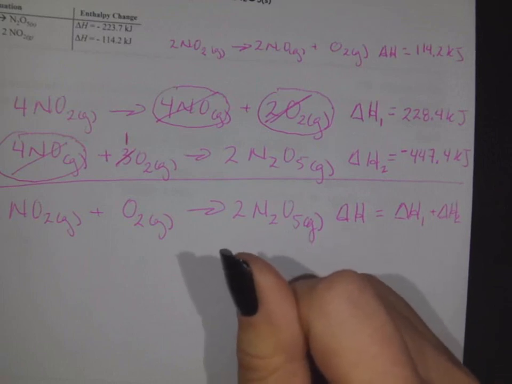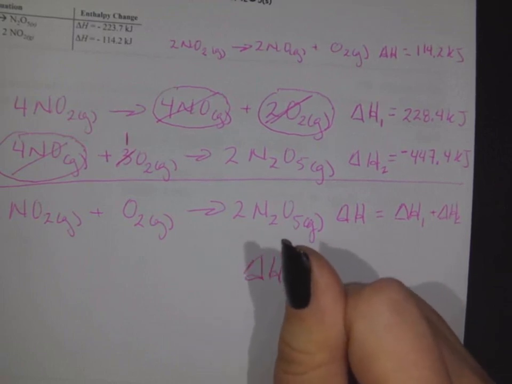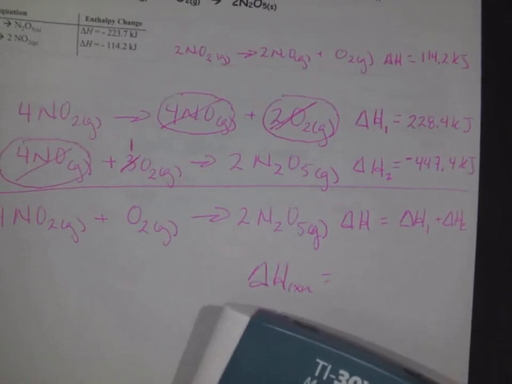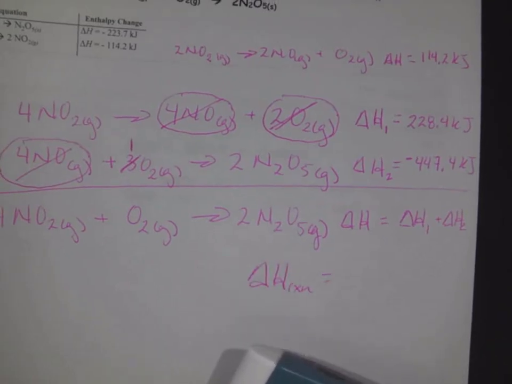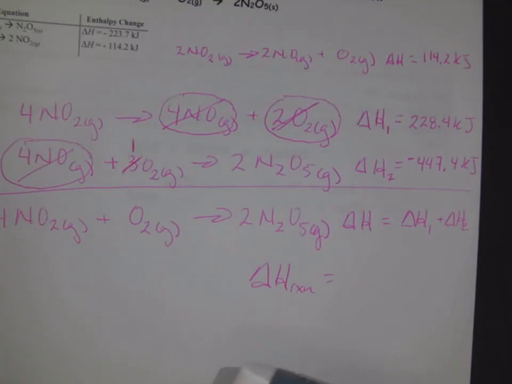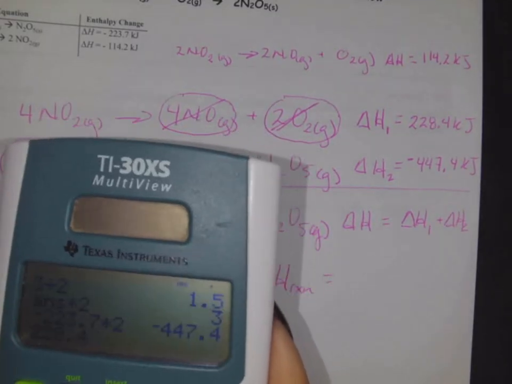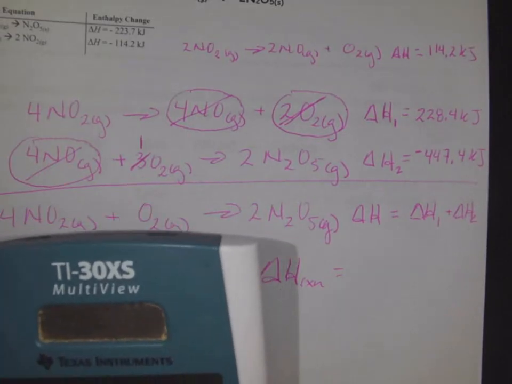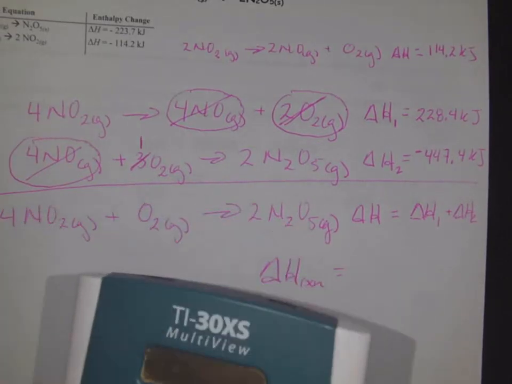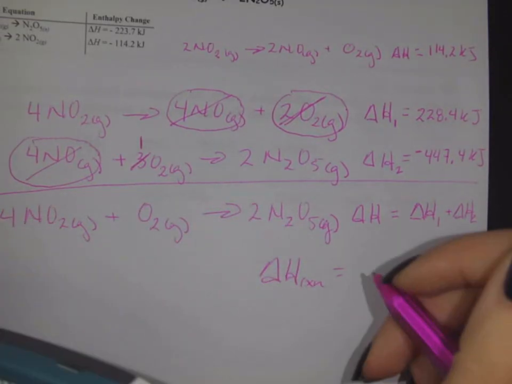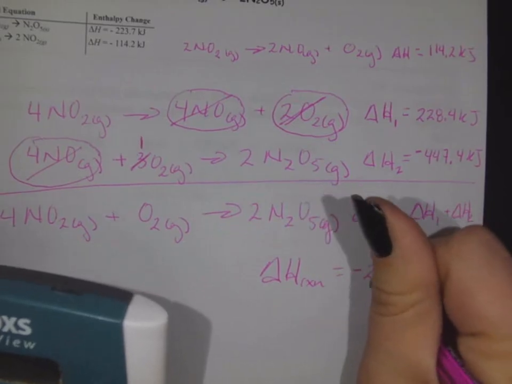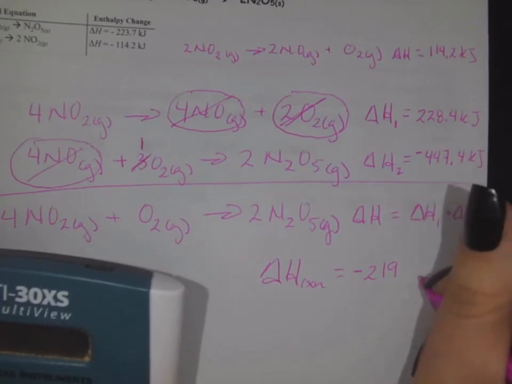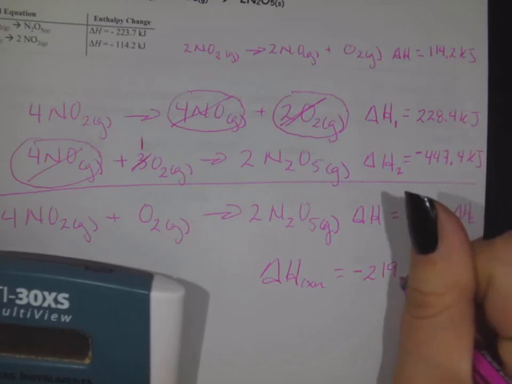So the final answer, my delta H for this reaction, is going to be a positive 228.4 plus the negative 447.4, and so we get negative 219 kilojoules.